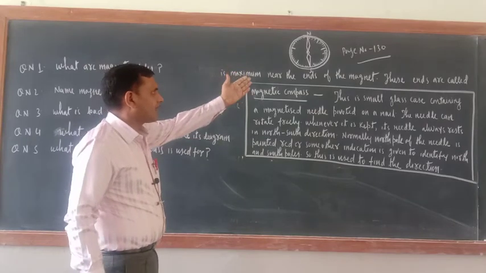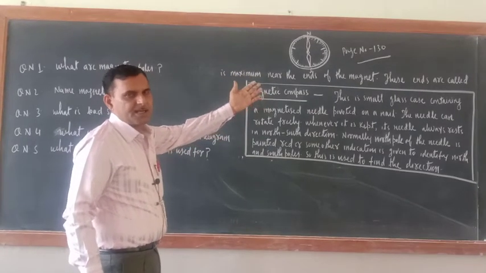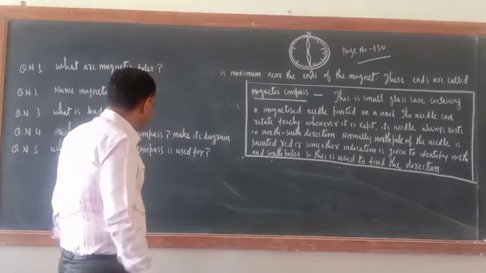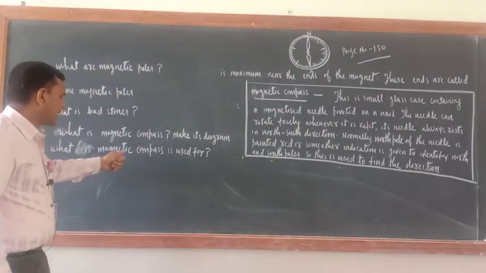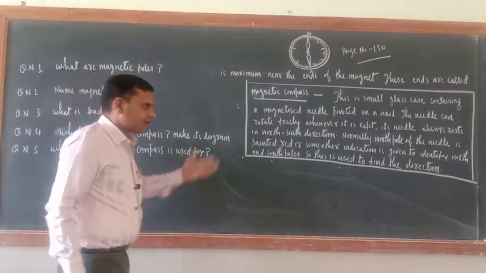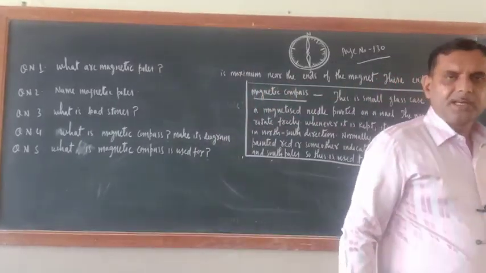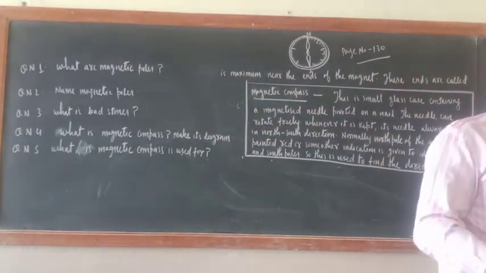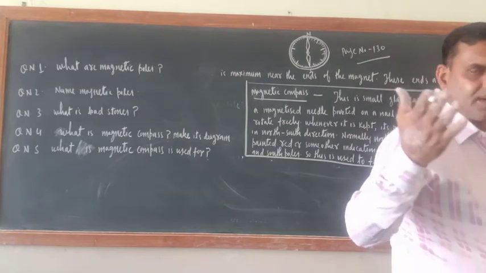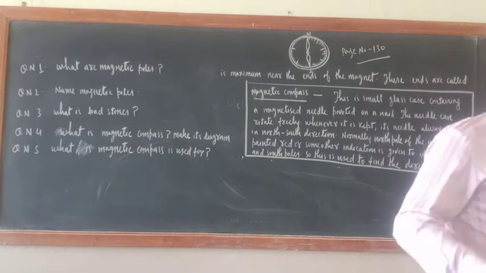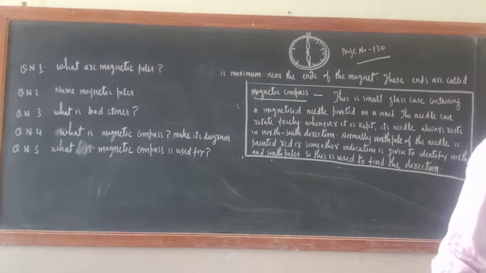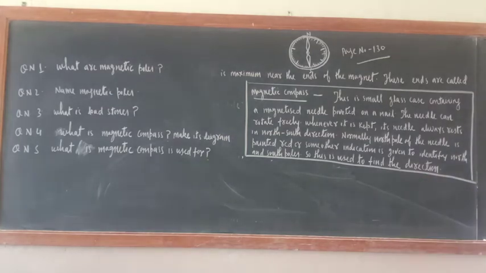For better understanding, you can see the NCERT book, page number 130. What is the magnetic compass used for? The magnetic compass is used for finding the directions in difficult terrain areas, or whenever sailors are in the seas. So these are the simple questions. Their answers you can write.